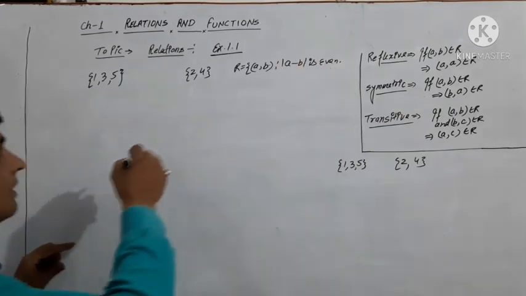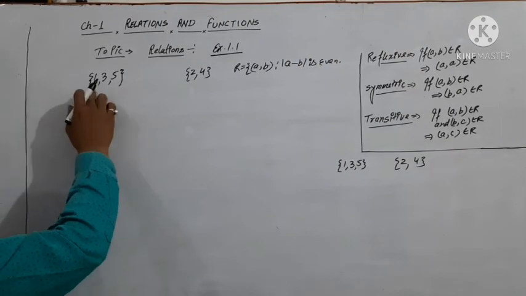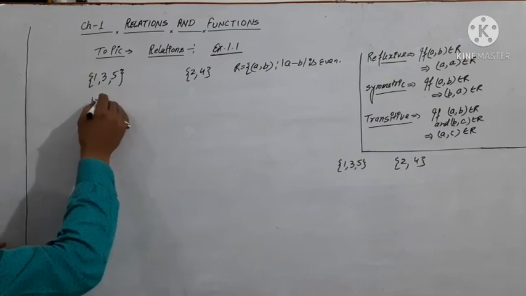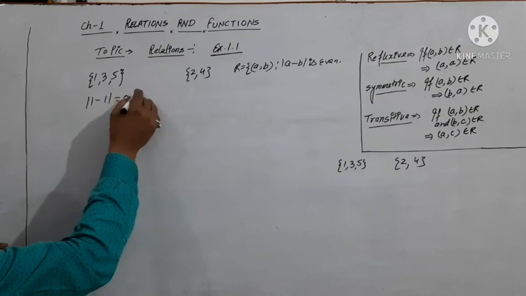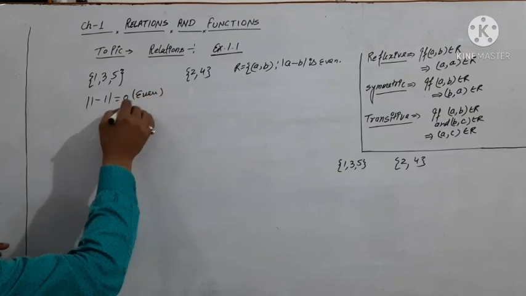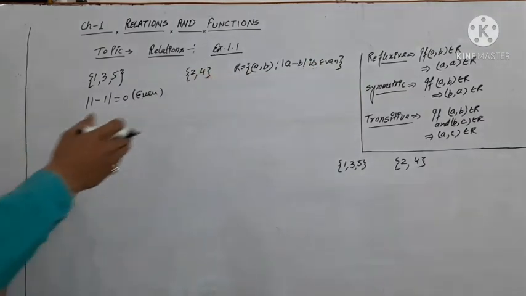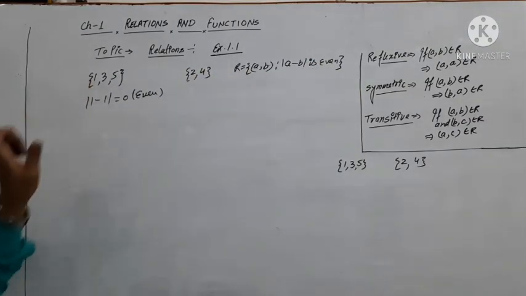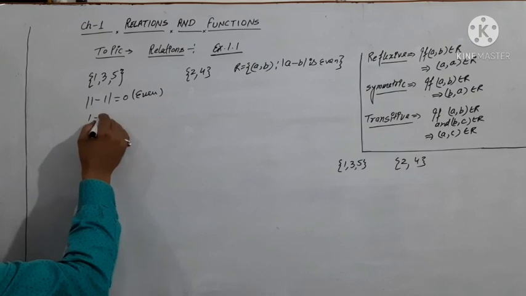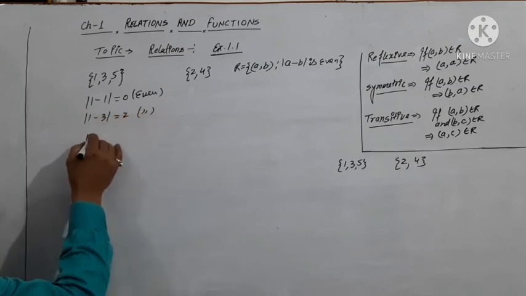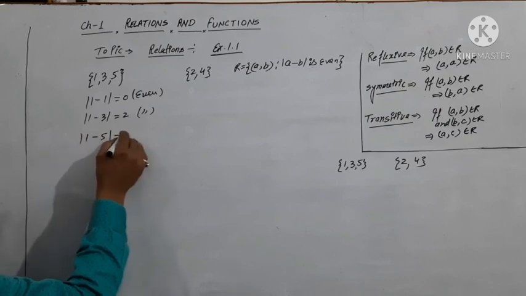So let's check one by one. For this set, taking element 1 with 1, 1 minus 1 with modulus is 0, even, so it should be even, and it came even, so 1 is related to 1. Let's see 1 with 3: 1 minus 3 is 2, even number; 1 minus 5 is 4, even number.